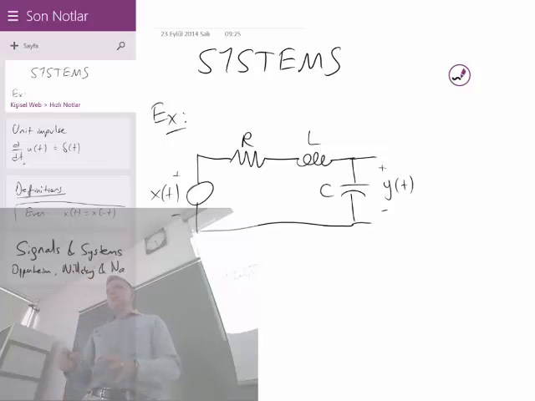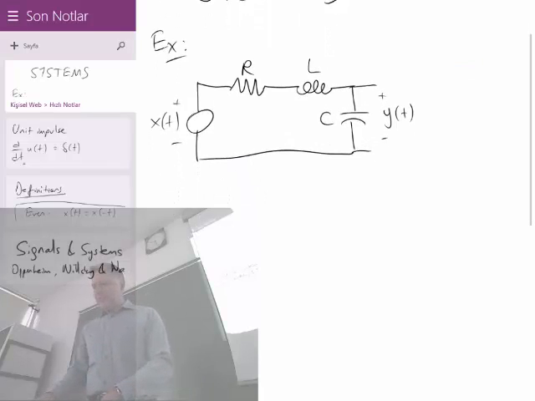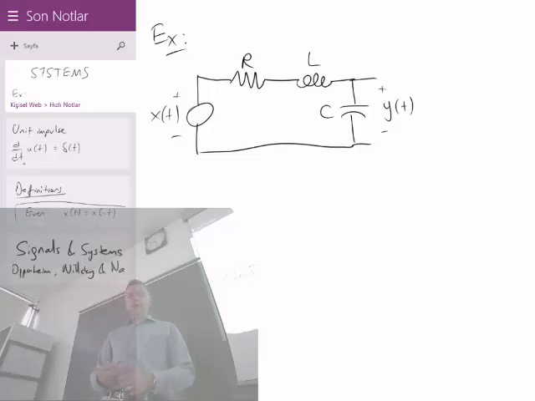So can you attach the information of y of t to the input x of t using the parameters R, L, and C? That's basic circuit information.